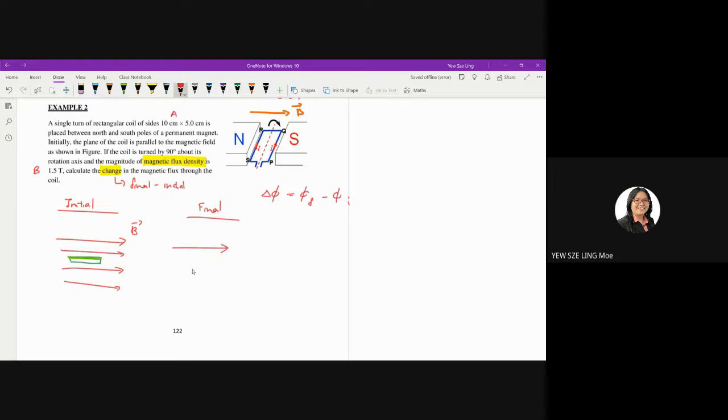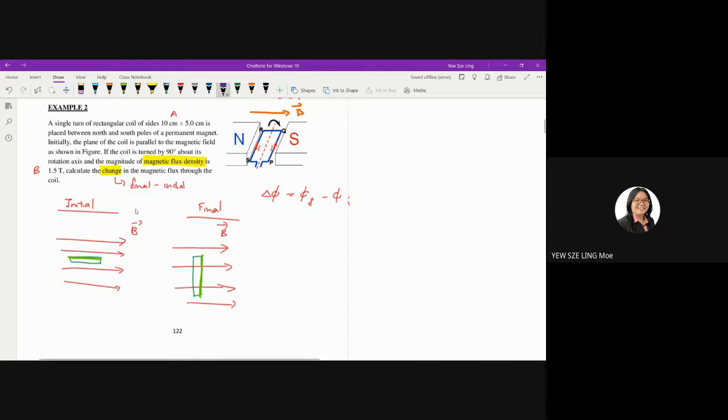My B is still from left to right. But according to the question, now it turns 90 degrees. Initially it's parallel and then it turns 90 degrees. So now the plane is perpendicular to the magnetic field. But the plane is not the thing that we want.